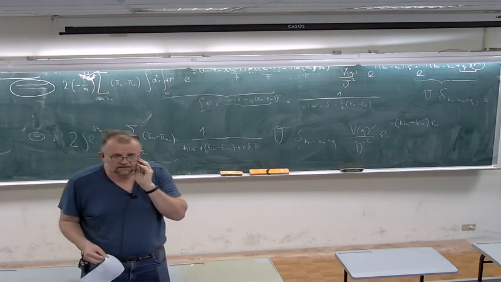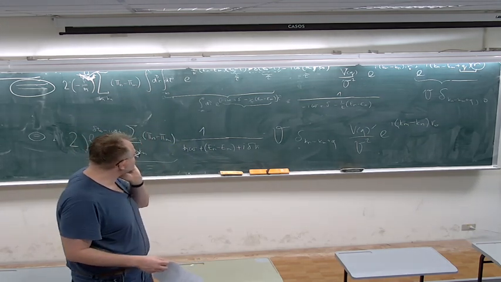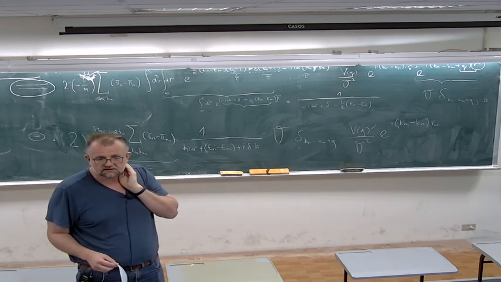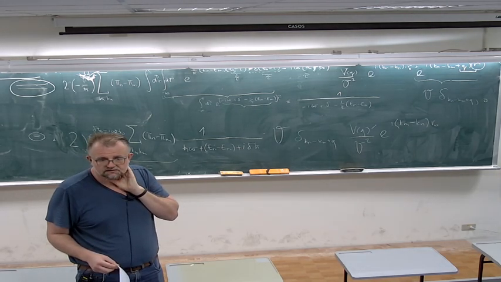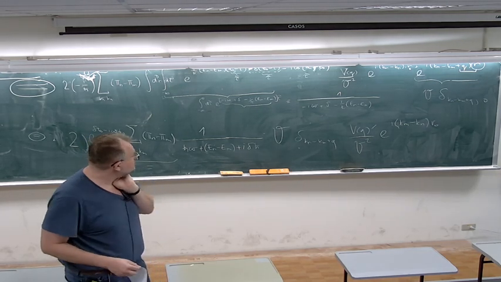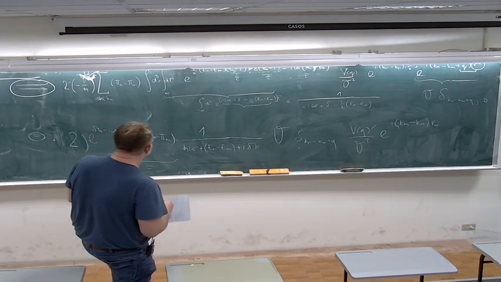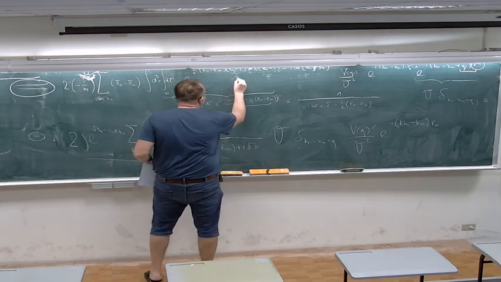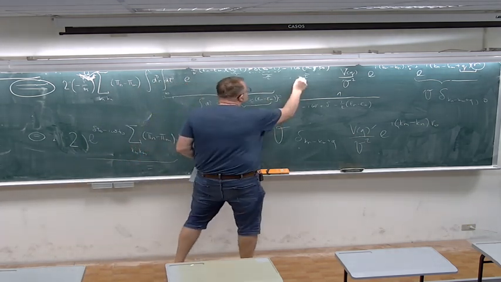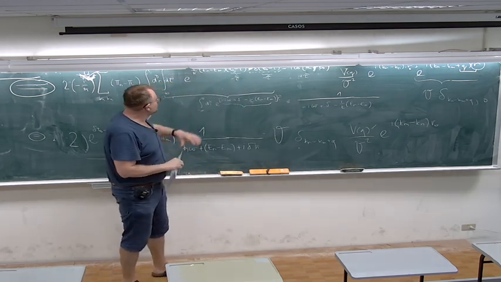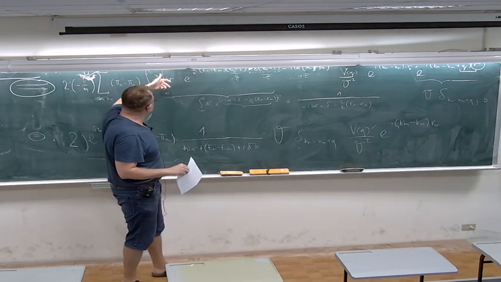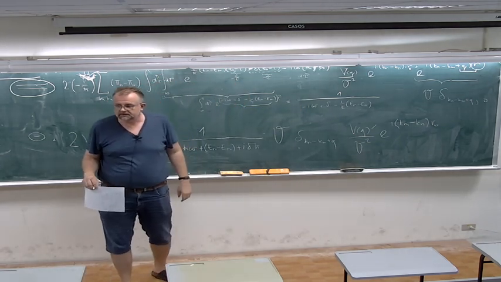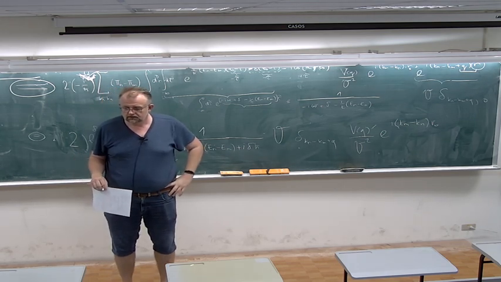The changing variable, yes, minus, yes. And I mean the sign, minus. This should be minus, yes. Yes, Danny, it should be minus. Then you have the minus here, but you also change the boundaries, yeah. Okay? Good.